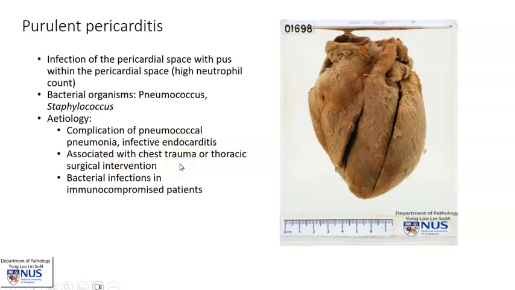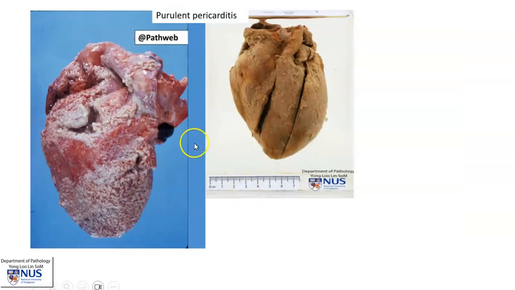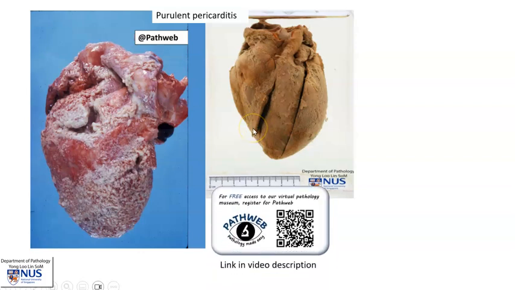It can also be due to trauma to the chest or thoracic surgery, and this can particularly be seen in immunocompromised patients, for example, HIV patients or patients who are receiving chemotherapy. And grossly, we would see these yellowish green, thick exudates. In other words, we will see pus in the pericardial sac.